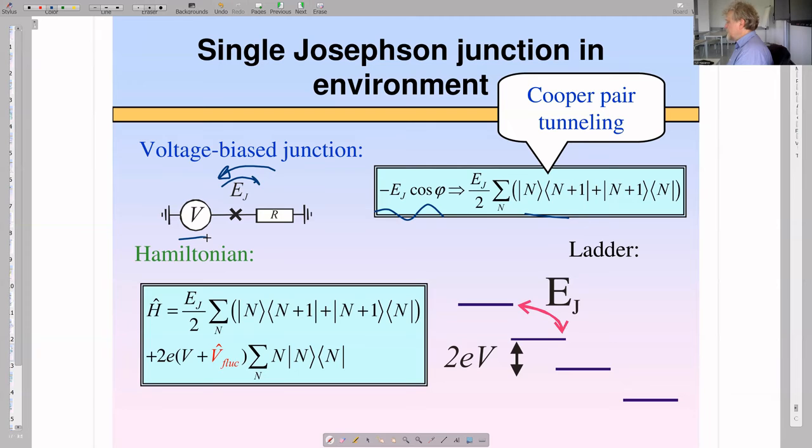So if I plot the energy of the states with different n, for instance n is 0, 1, 2, 3, and so on, I will have a ladder of states. Here it is, this ladder at a constant voltage.